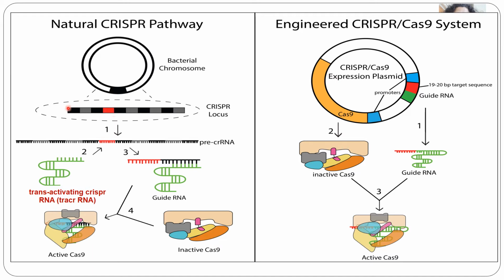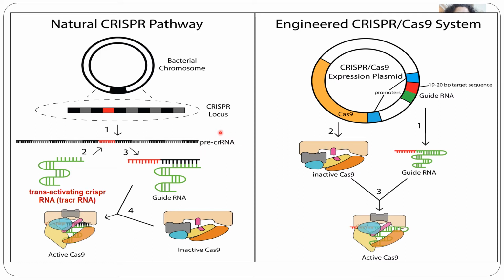Now, when this newly modified DNA or the CRISPR locus is transcribed, it undergoes transcription to form pre-crRNA. So this is the second component. The first component is the CRISPR locus, which is transcribed to a pre-crRNA.